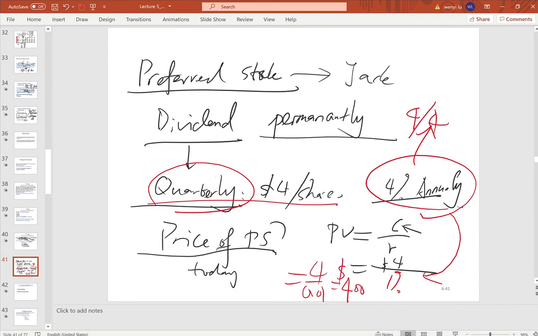So if Jack decides to buy this stock, the value of the stock on today's market should be $400. So this is a case for the perpetuities. So we will use the formula directly. So that's all for the part on annuity and perpetuities.